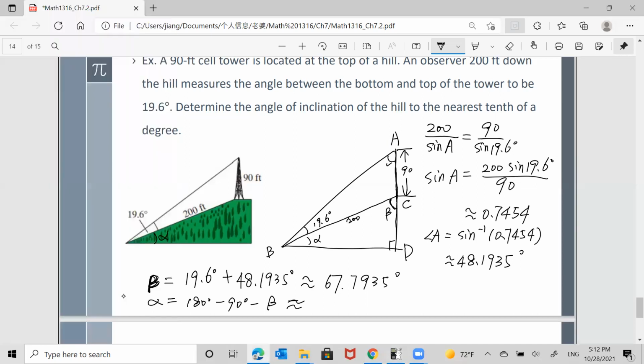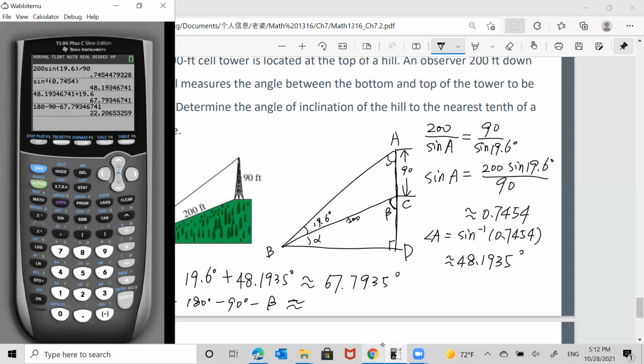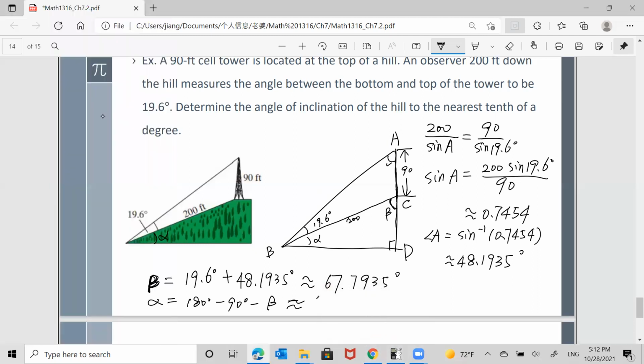If the question asks for the nearest tenth of a degree, I like this one because it makes it easier. That's 22.2 degrees. So that's the final answer for this question.